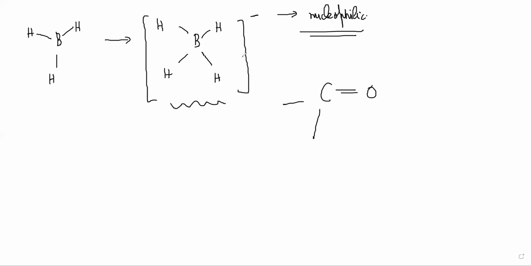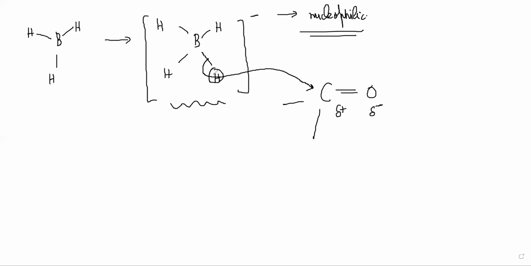BH4 minus has the potential because it's nucleophilic, and this carbon is tiny positive. So when it attacks, what will happen here? There is no lone pair to come. The bond itself must break, and it will take the H along with it.